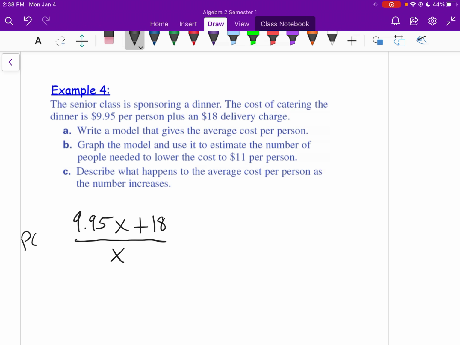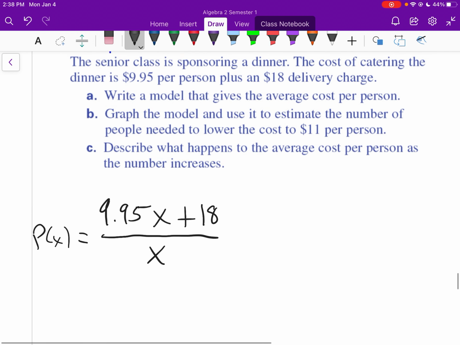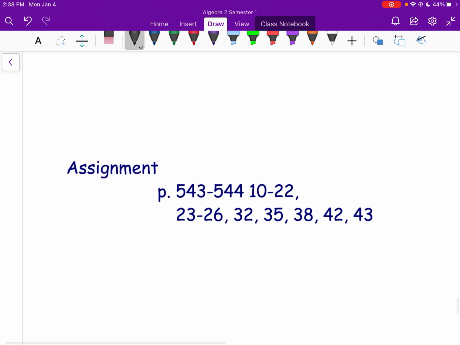Now, we're not going to worry about graphing or describing what happens, but that would be the model for that situation. Again, $9.95 per person, so that's where we get the 9.95x plus that delivery charge of $18. And to figure out the average, you got to divide by that x, or how many people were eating that dinner.